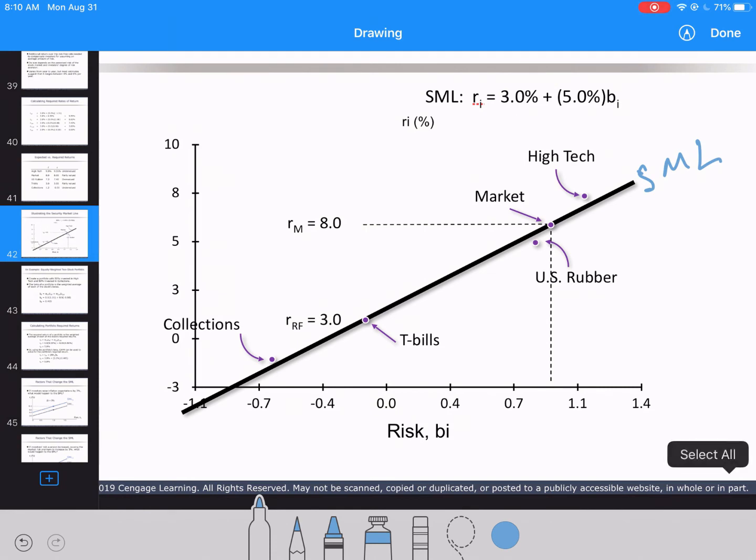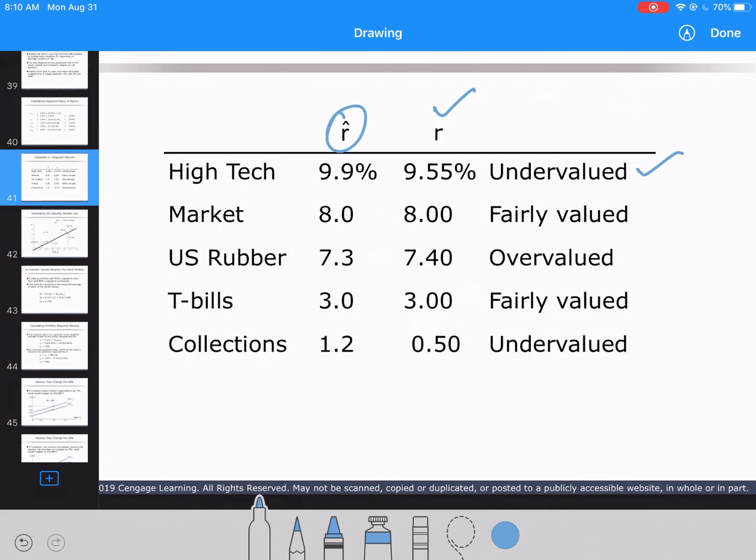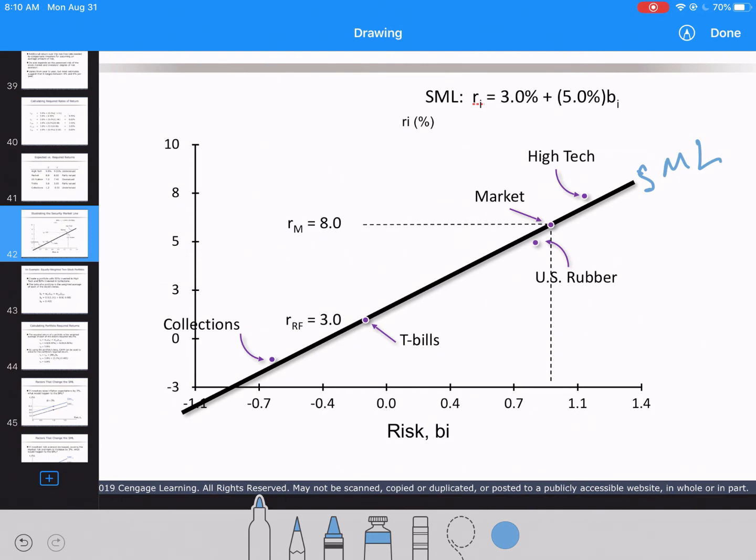If high tech is above the line, then you are looking at an undervalued security. Anything above the SML is an undervalued security, and anything below the SML is an overvalued security.